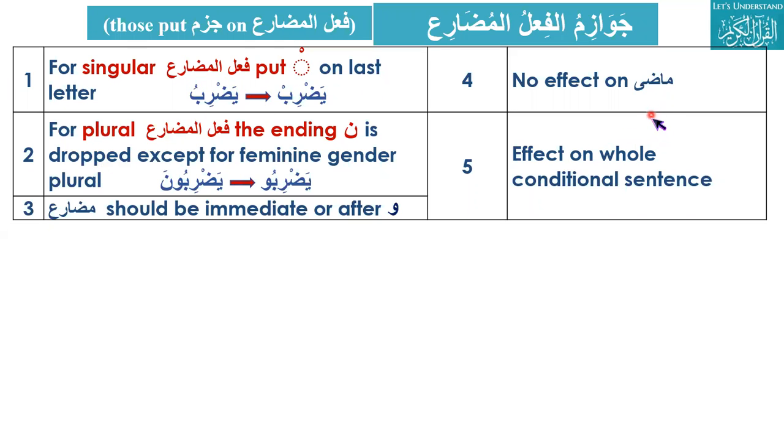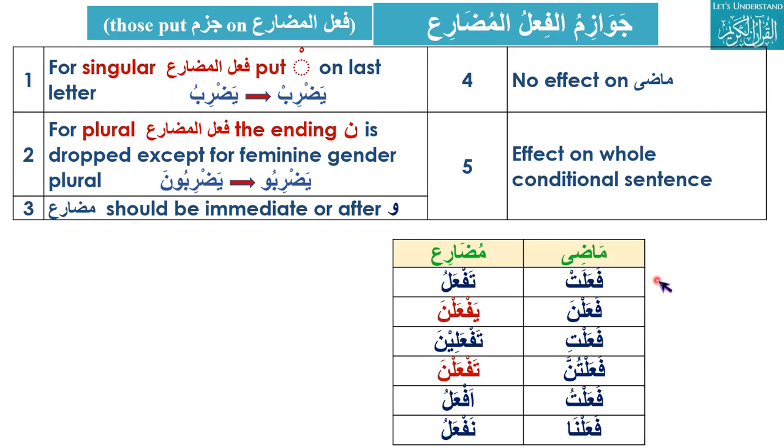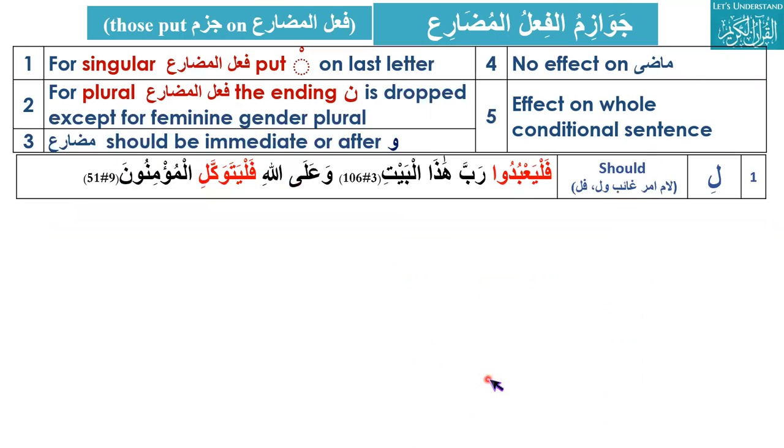They will have no effect on madi, but in conditional shart and jawab shart, it will affect both. And mudari should be immediate or after waw. So we are discussing jawazimul fi'lul mudari. First of all, same like here in mudari, yaf'alna, taf'alina, taf'alna, af'alu, naf'alu.